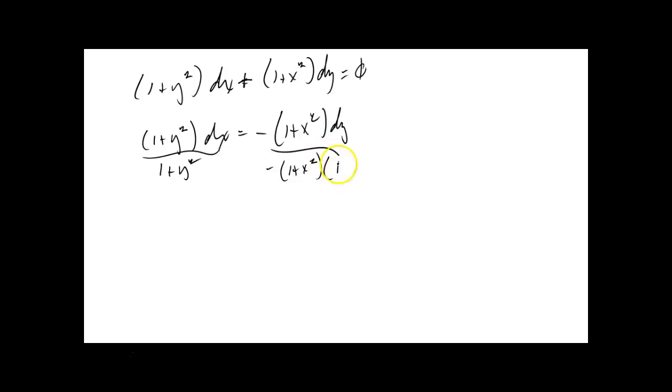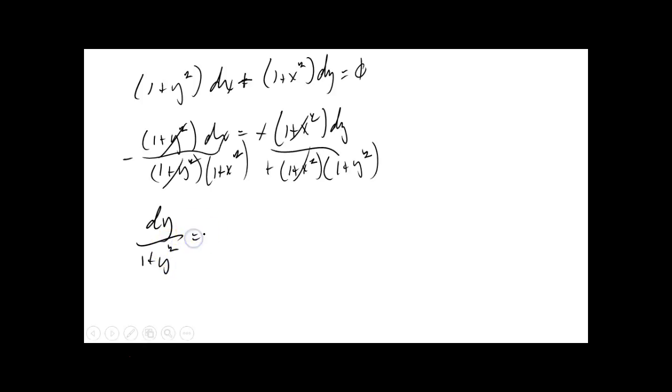Okay? And then these go out, those go out, and I'm going to swap sides. dy over 1 plus y squared is equal to minus dx over 1 plus x squared.